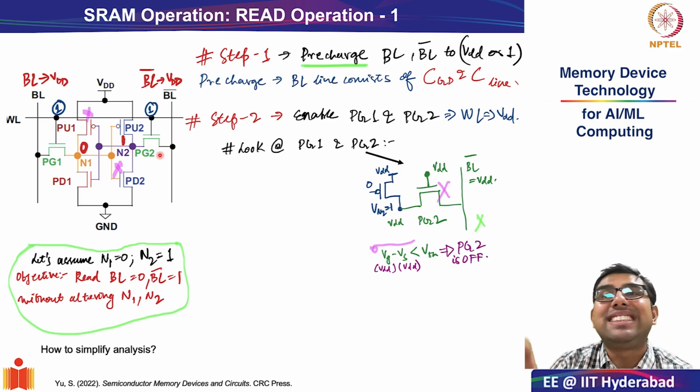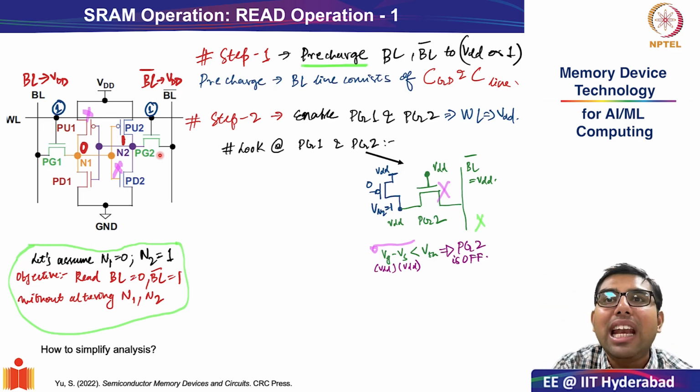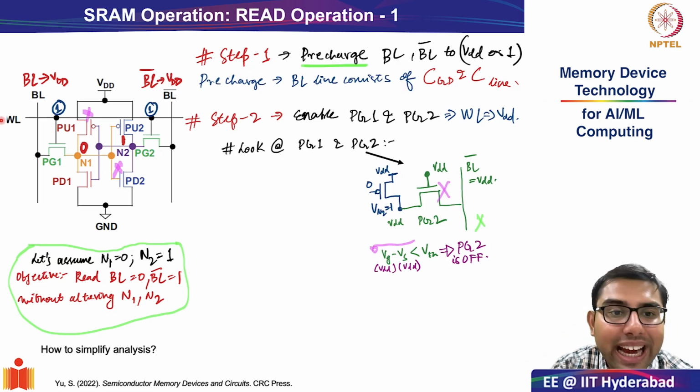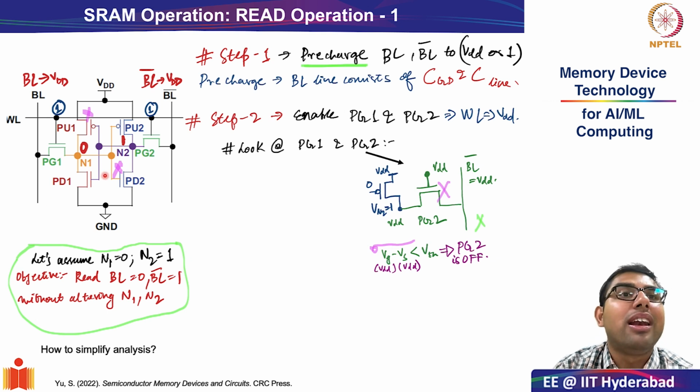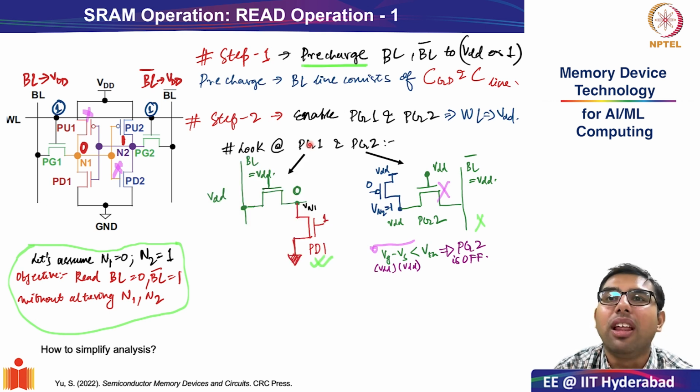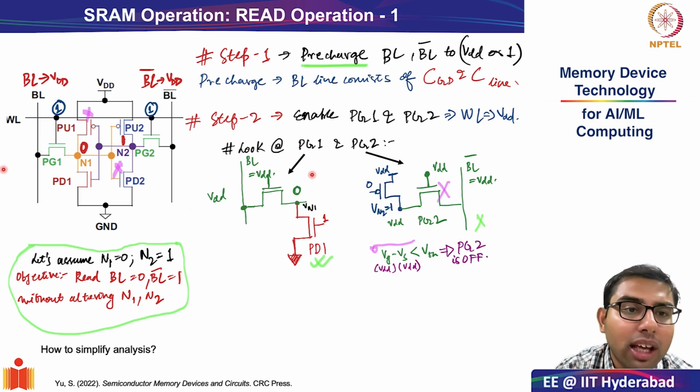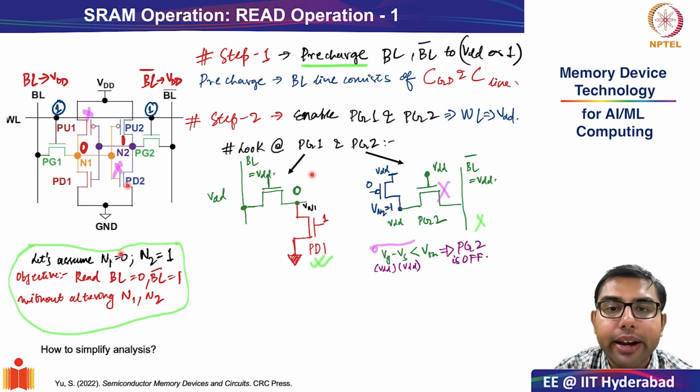So out of the 6T, we have eliminated 4 transistors from where the initial read operation can begin. So what is the remaining part? It is the left hand side of the circuit which is connected to PG1. And I have again redrawn this a bit more neatly because this is getting a bit more complicated.